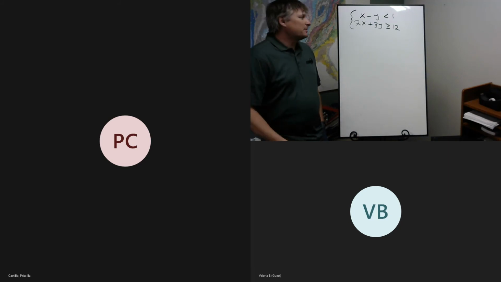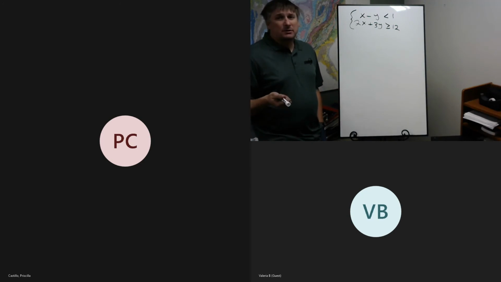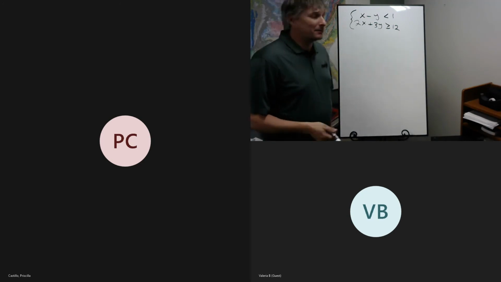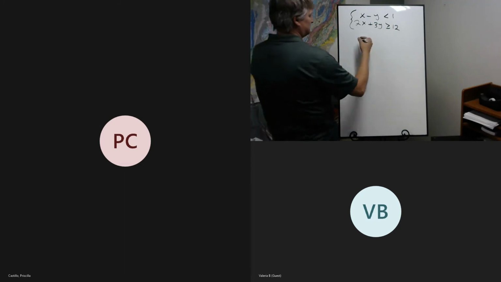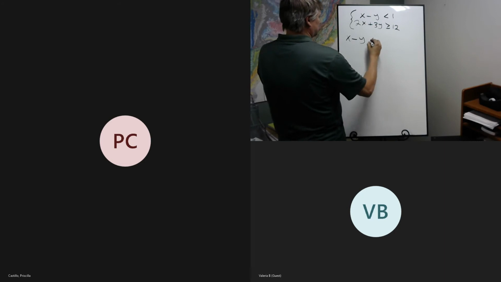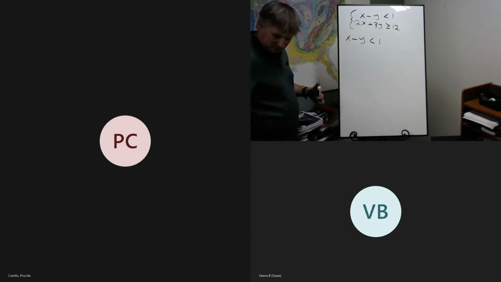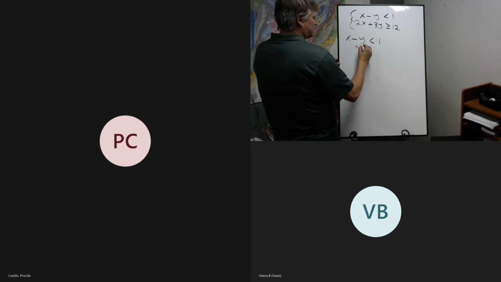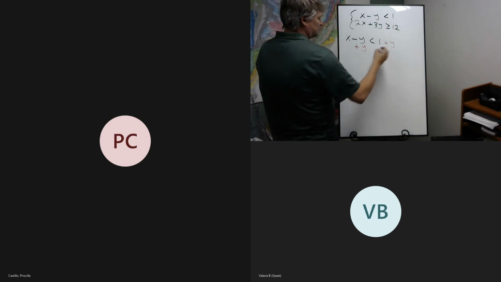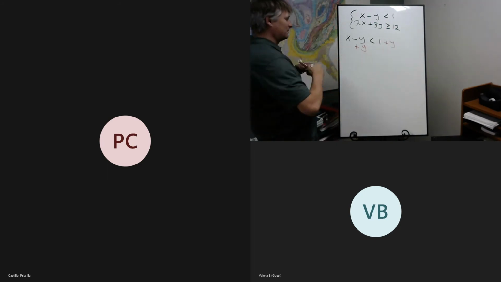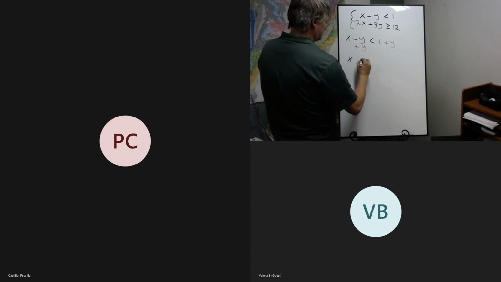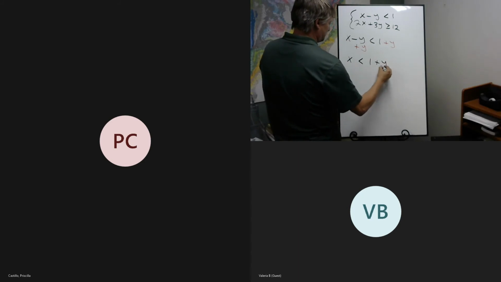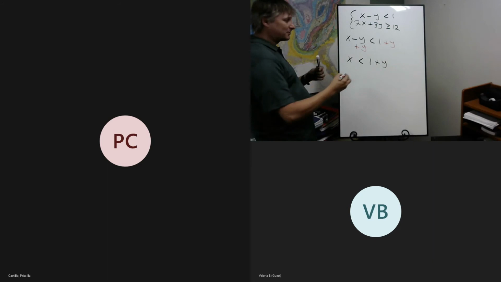If we solve for y, we see what will happen to our inequality signs, especially if we divide or multiply by a negative number. So for this equation, we could add y to both sides, subtract 1.